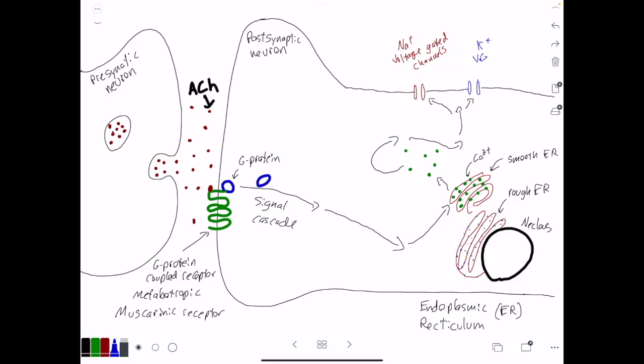I'm just going to say VGC for voltage-gated channel. And so what this does is it modulates these voltage-gated channels. We know that our channels allow the flow of sodium into the cell, and also the flow of potassium out of the cell.